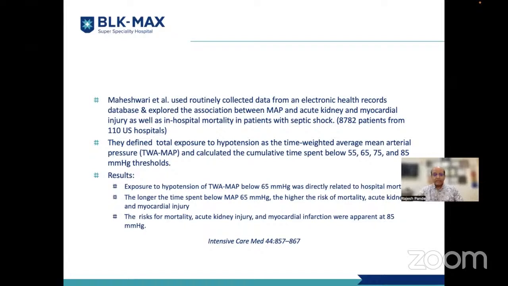The longer the time spent below a MAP of 65, the higher the risk of mortality, acute kidney injury, and myocardial injury. The risk of mortality, acute kidney injury, and myocardial infarction was also apparent at 85 millimeters of mercury. So what this exploration of the electronic health record database suggests is that below 65 is harmful, and above 85 is also harmful.